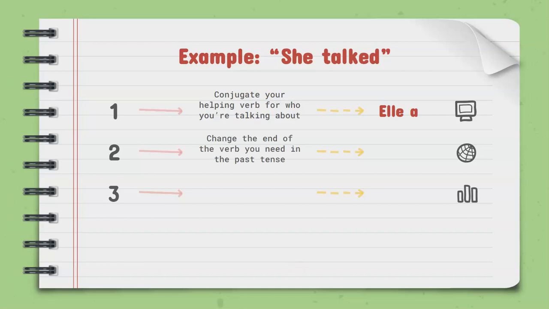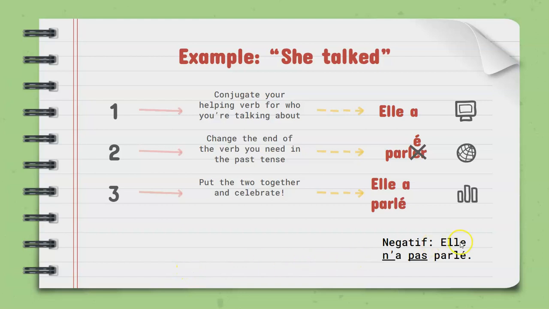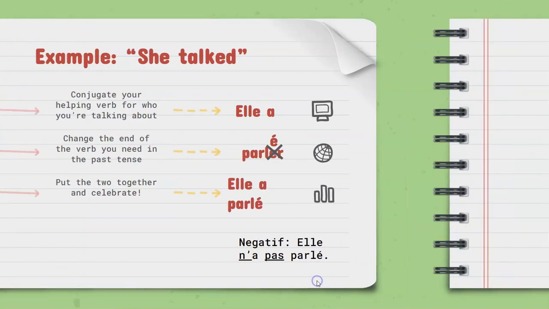Then we'll change the end of the verb for to talk, which is parler. Same thing, we'll drop the er, replace it with an é. And then we put the two together. Elle a parlé. Ça c'est comme on dit she talked. And then to make it negative, it'd be elle n'a pas parlé. Again, we see the ne and pas just around this first verb.